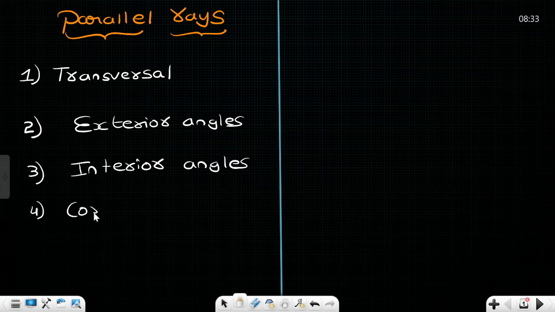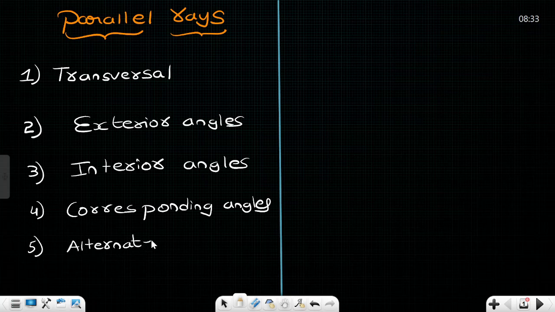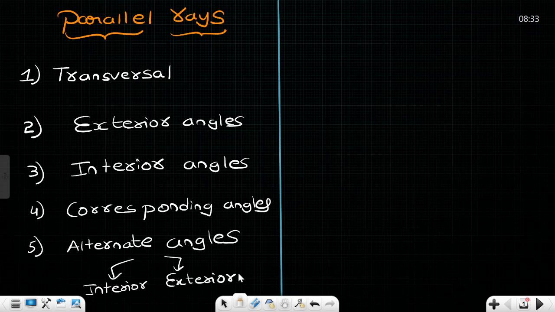Then corresponding angles. Next, alternate angles. In this alternate angles, we'll have two things: interior alternate angles, exterior alternate angles. So these are the 5 topics which we are going to see. After that we will be seeing plenty of examples.